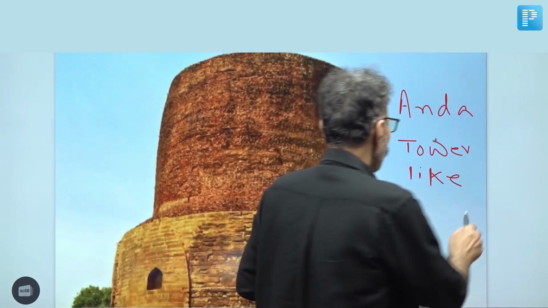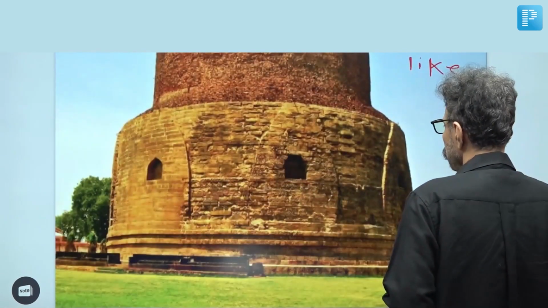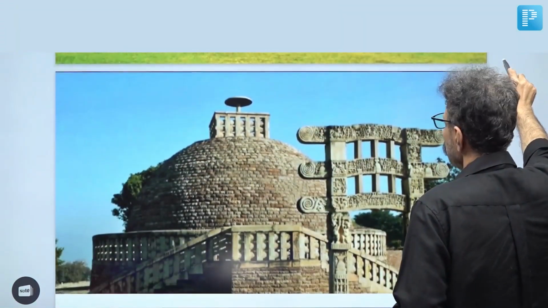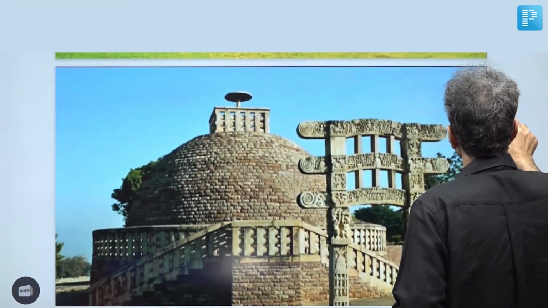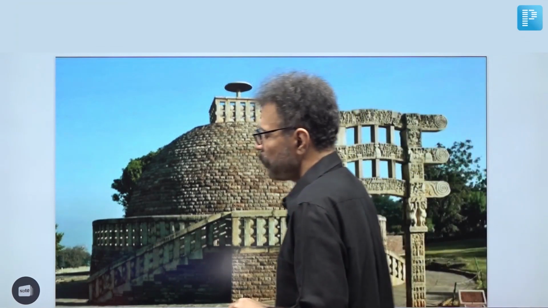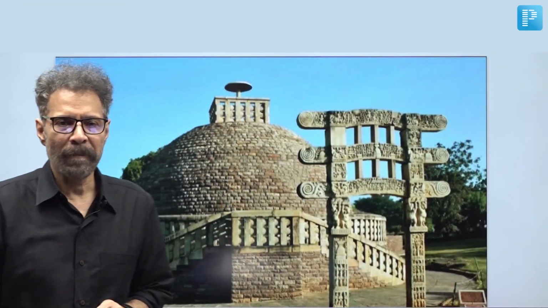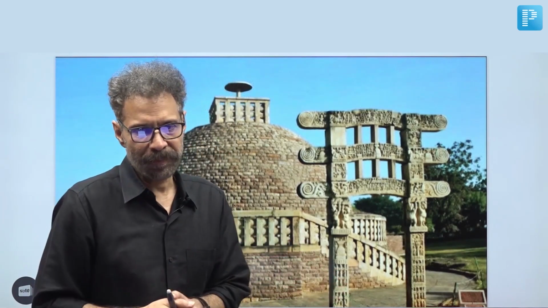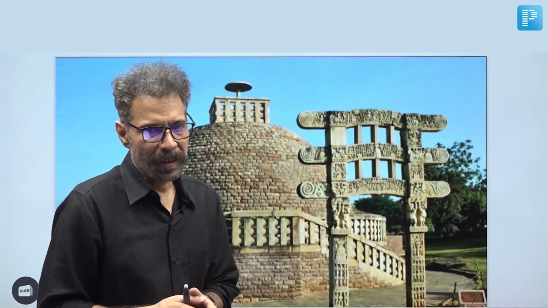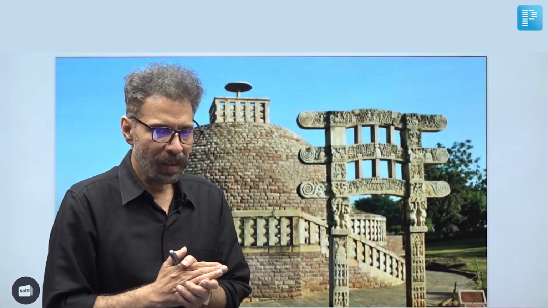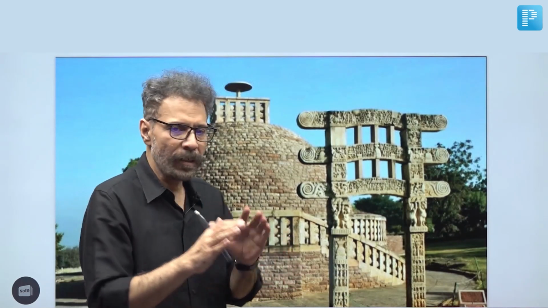Now, the model or the standard stupa design or the pattern is this. So as I have said, though the pattern varies, yet we have to consider a model and a standard in which we find all the architectural features.